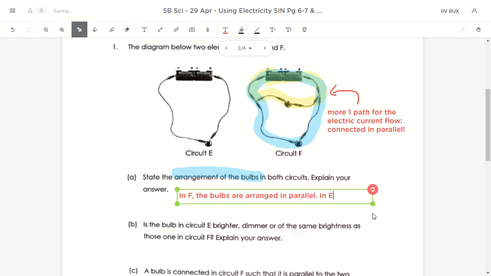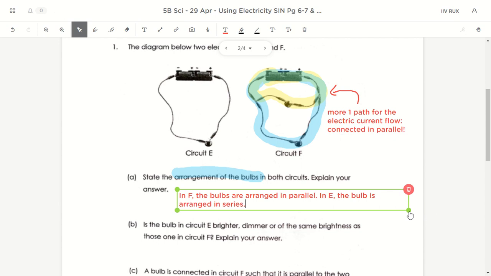Okay, in E is the normal way of arranging. There's only one path, so in E the bulb is arranged in series. Okay, so I hope you can see the difference.